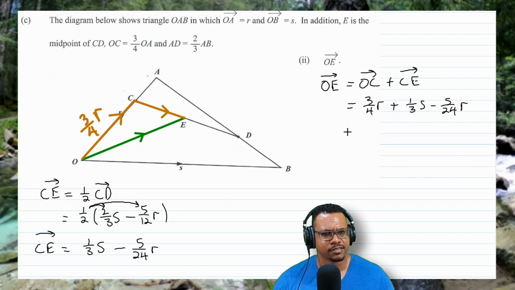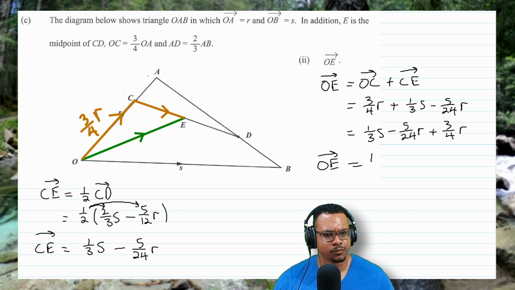So let's bring our like terms together. I'll put the 1/3 S first, take away 5/24 R plus 3/4 R. So this will be O to E. I'll just go on the calculator and work out what is -5/24 plus 3/4.